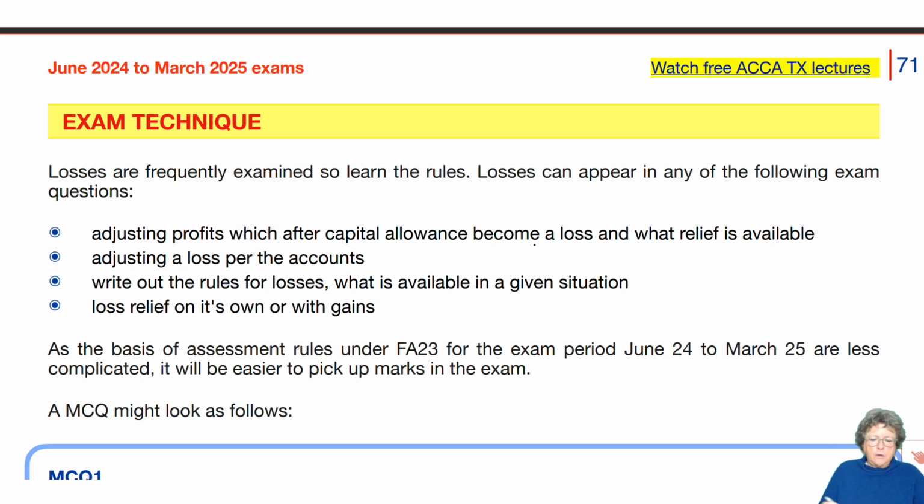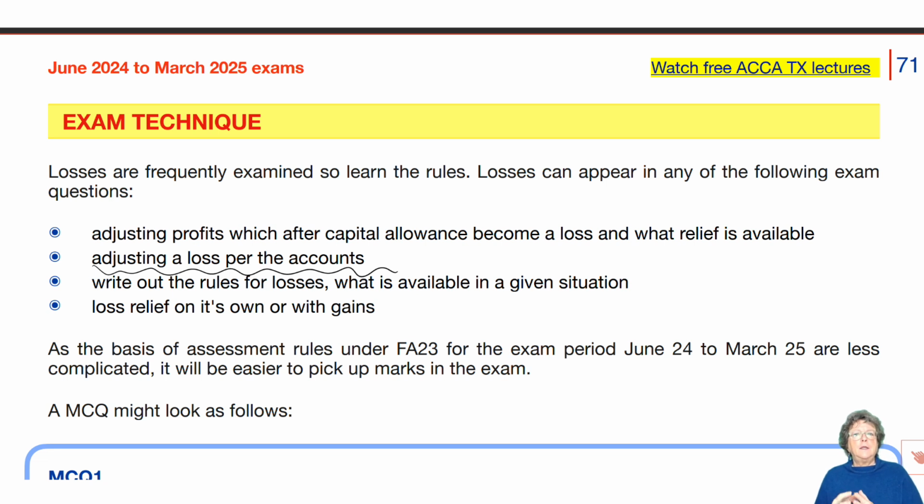Or adjusted loss per accounts. Use exactly the same pro forma that you did the first time. But instead of having net profit per accounts, it would say net loss. You would then add back, which would make the loss bigger. You would then deduct, which would make the loss smaller, and so on. Use your common sense.